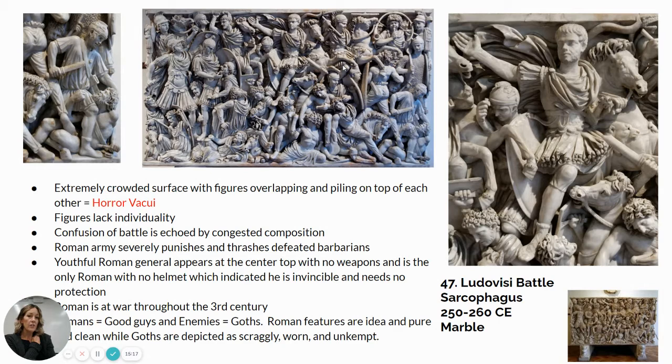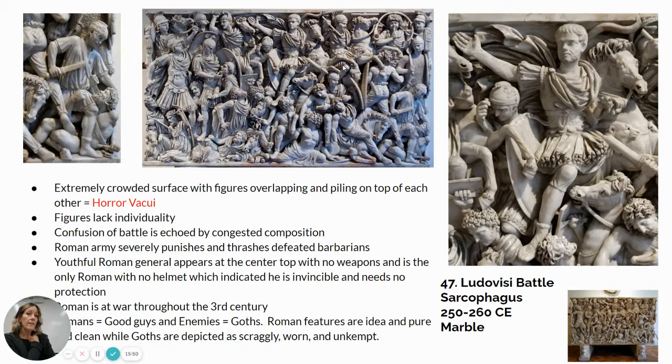It's such a crowded surface of figures, with so much overlapping and piling on top of each other, that there's literally no negative space left. Now the figures definitely lack individuality. So here we go again, we're talking about that imperial sculpture where they're more iconic, more symbolic and representative of people.